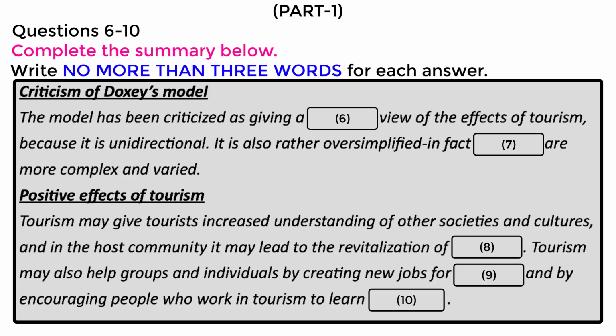There may also be more long-lasting changes, which actually lead to the empowerment of both groups and individuals in the host area. For example, tourism creates openings for employment for women, and through giving them a chance to have a personal income, it allows them to become more independent.